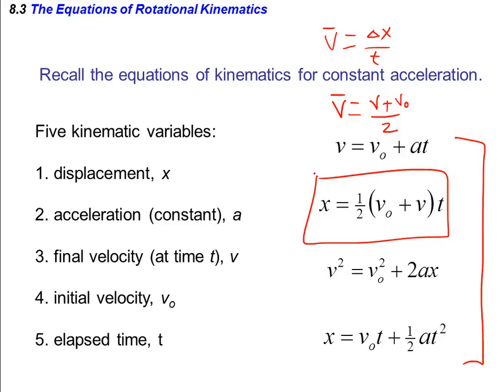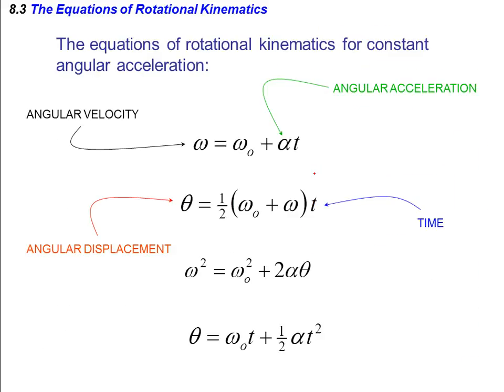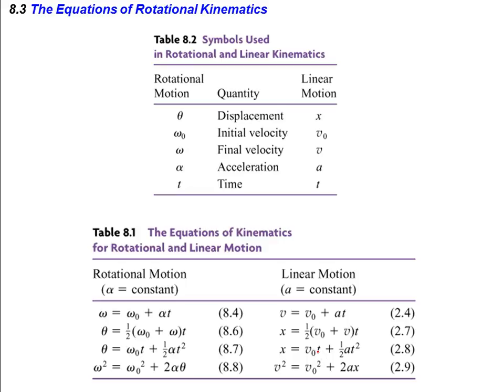We're going to use all of these in the rotational sense, and they're going to be translated into these kinematic equations, where the v is replaced with omega, theta is replacing the x, and alpha is replacing the a. Notice t is the same. Time translates both linearly and rotationally, and so we can use all of these angular quantities in these angular kinematic equations.